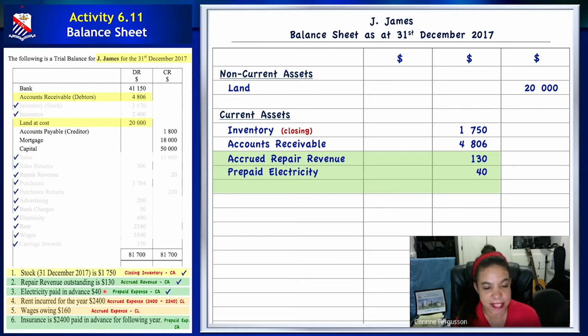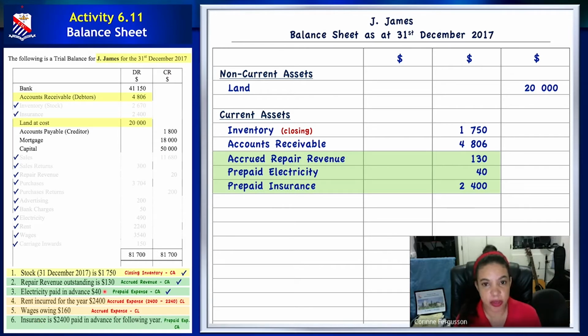That's it. What is the next current asset? It is the number 6. So you have a prepaid expense. What is the expense? Insurance. So you put prepaid insurance. How much is the prepayment? $2,400, and that's it.